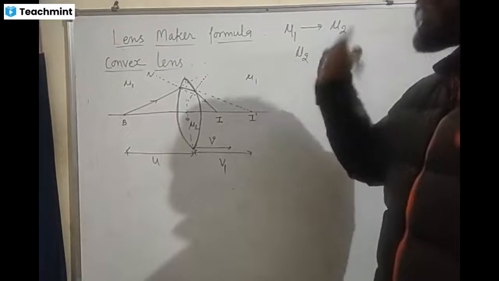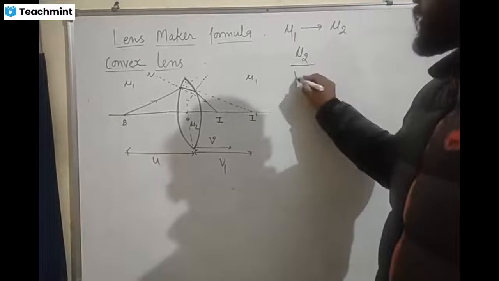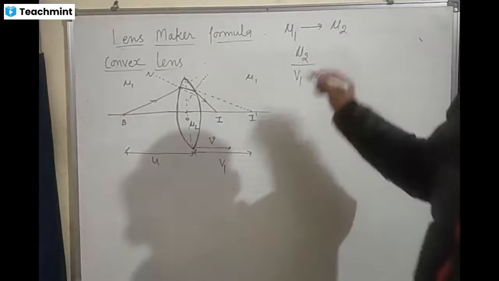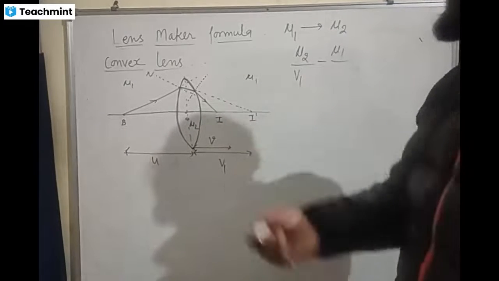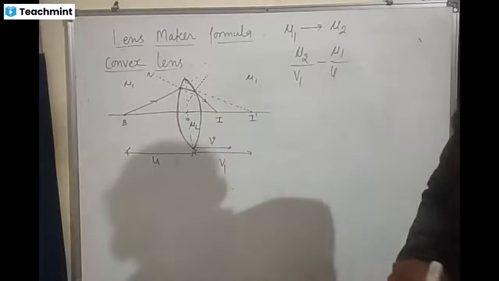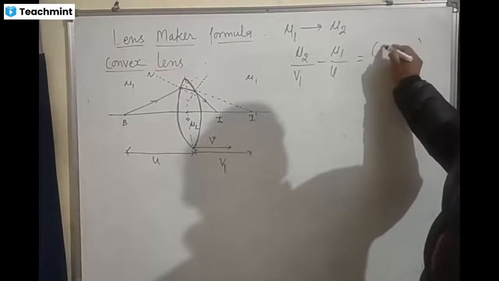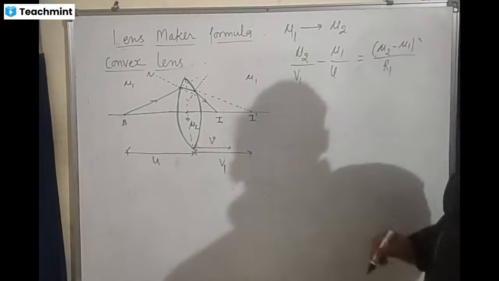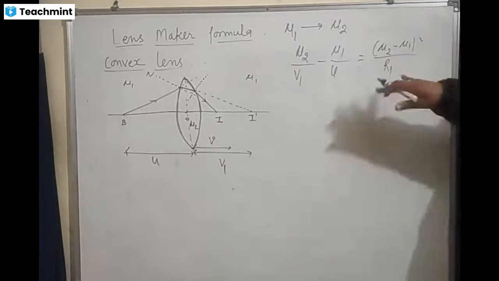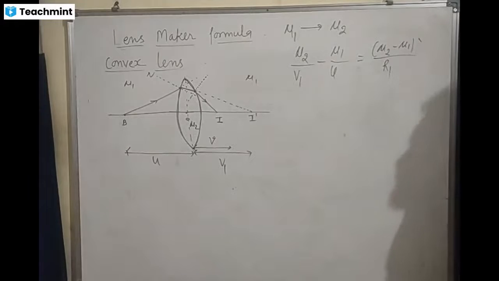Refractive index of the second medium, into which the ray is going, upon image distance, minus refractive index of the medium from where the ray is coming, upon object distance, is equal to mu2 minus mu1 upon R1. Why? Because here the refraction is through the first surface.